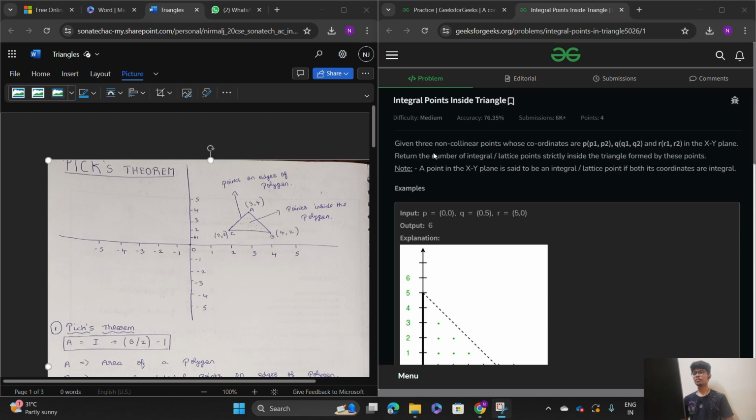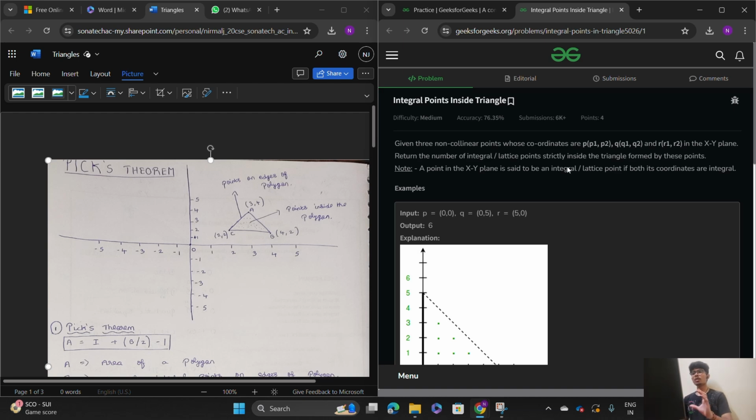The problem on GeeksforGeeks is Integral Points Inside Triangle. In this problem, they have given three non-collinear points whose coordinates are in the form x comma y. You can see here p1 comma p2, q1 comma q2, and r1 comma r2, which are present in an xy plane.